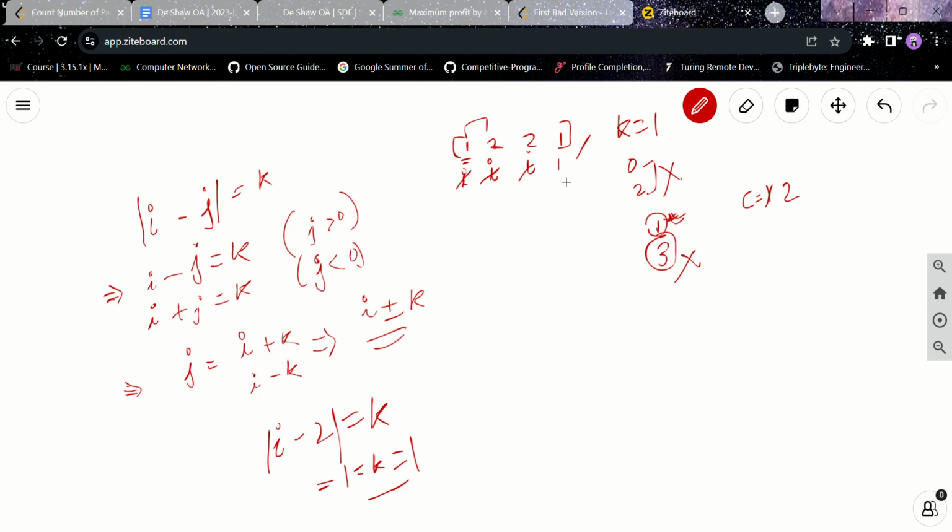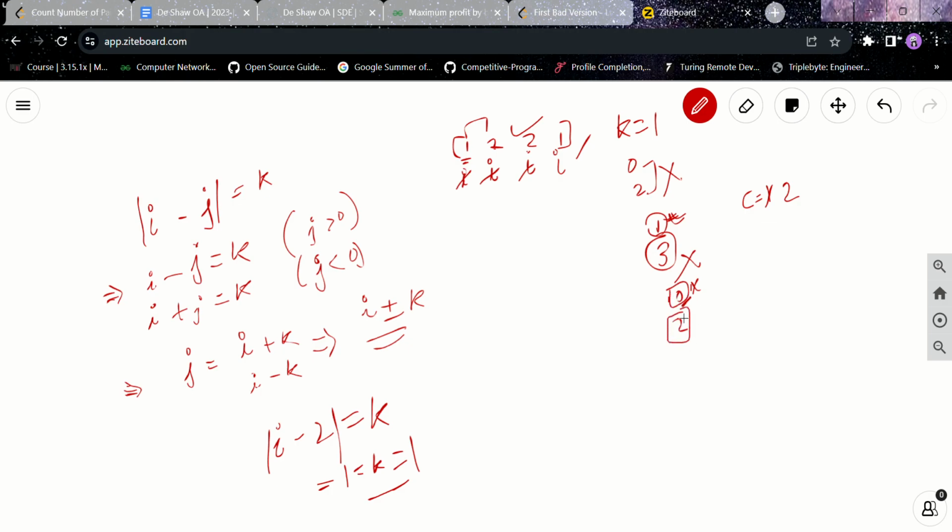Now i goes here. We'll check i minus 1, it gives 0, and i plus 1 will give 2. Is 0 there in our array? 0 is not there, so there is no chance we get any counter value for this.